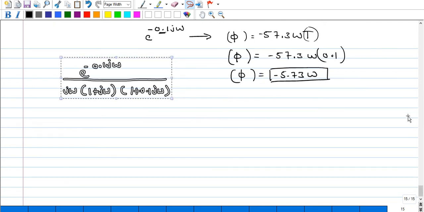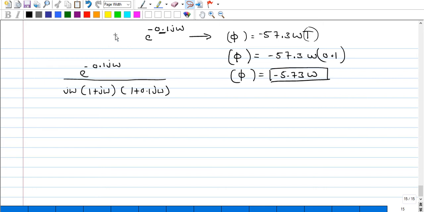Okay, so this is given by the angle of g of j omega, that is equal to, so this particular equation numerator I will write as minus 5.73 omega, and if I take the denominator part to the numerator with a minus, this will be tan inverse of omega by 0, that is 90 degree.